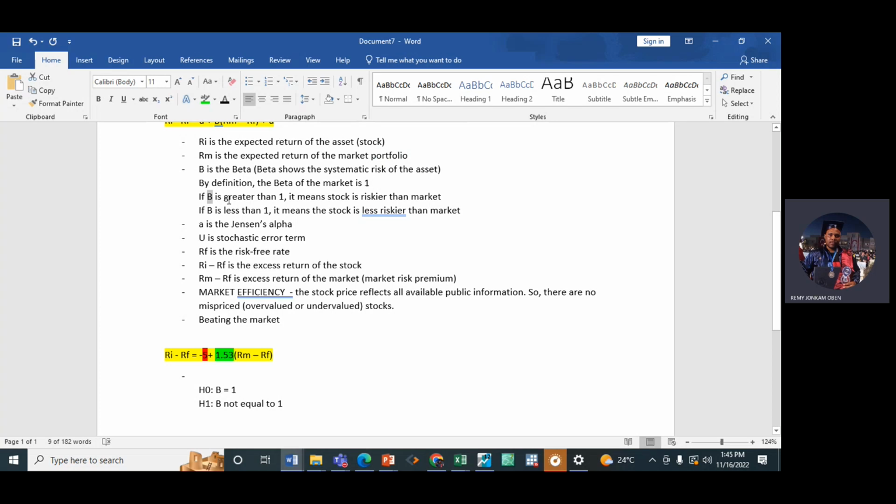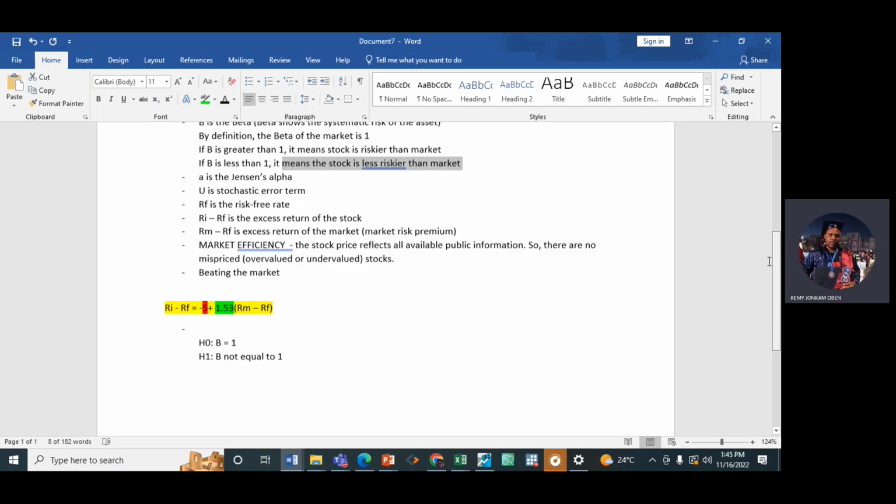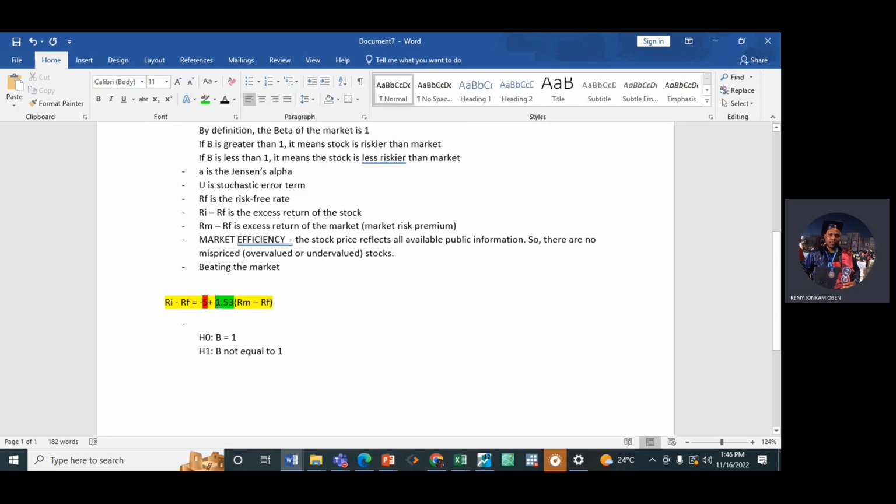If the systematic risk of the stock is greater than 1, it means the stock is riskier than the market. If the systematic risk of the stock is less than 1, it means the stock is less risky than the market. So we want to first of all check if this value, of course, mathematically 1.53, is different from 1, but we want to check if it is statistically different from 1. So we should test this hypothesis.